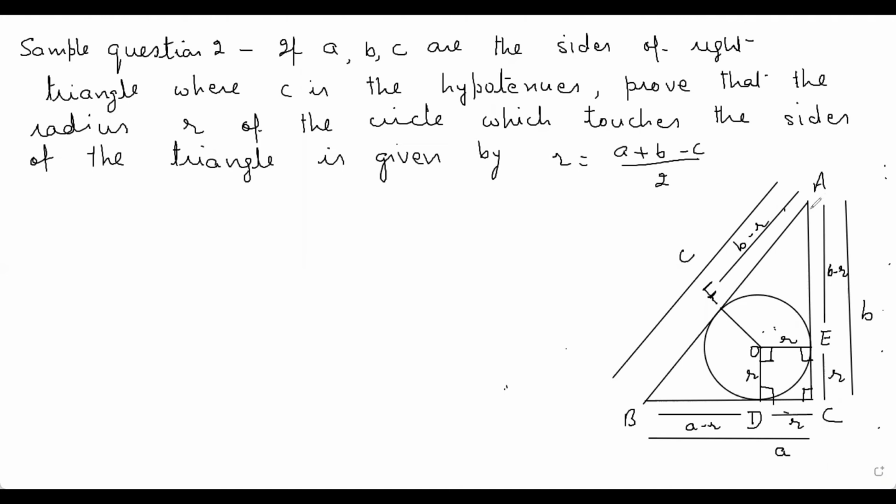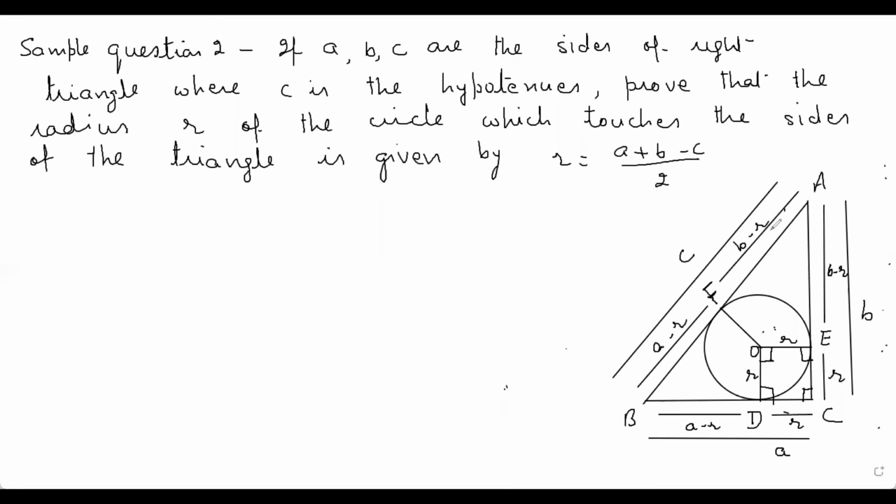Length of tangents drawn from an external point to the circle are equal. Similarly, if BD is A minus R, then BF will be A minus R. The reason is length of tangents drawn from an external point to the circle are equal.